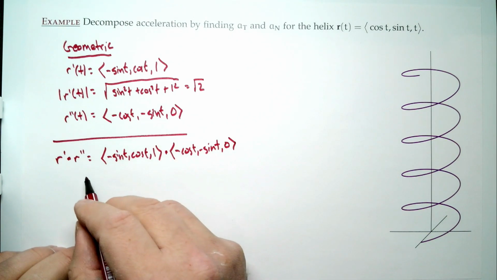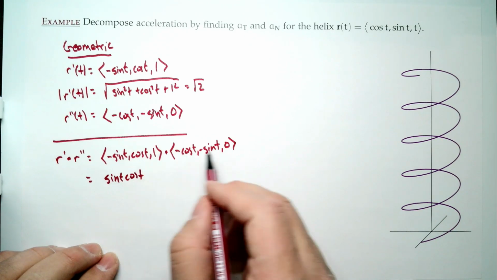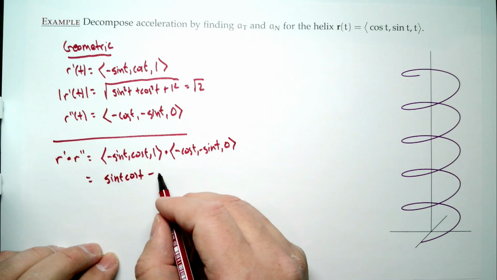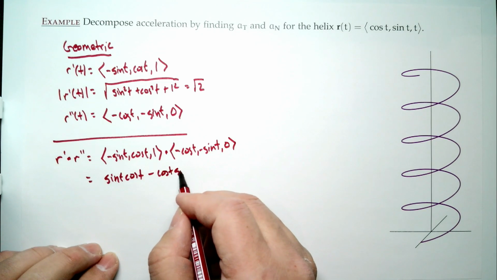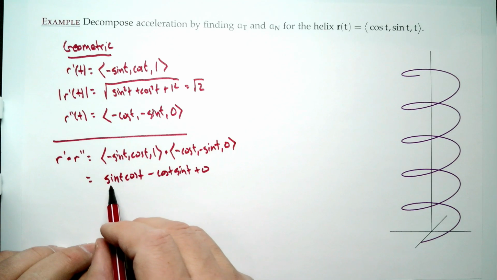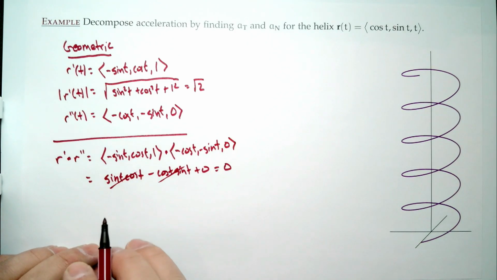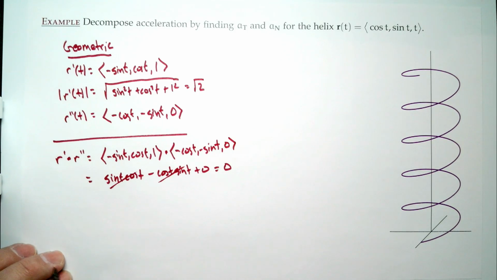So that's sine t cosine t. Then cosine t negative sine t, minus cosine t sine t. And 1 times 0 is 0. And aha! We get cancellation. 0. All right. That must mean something.